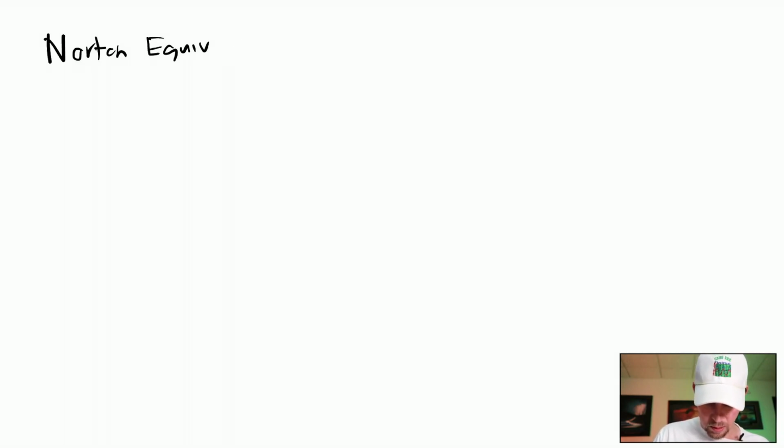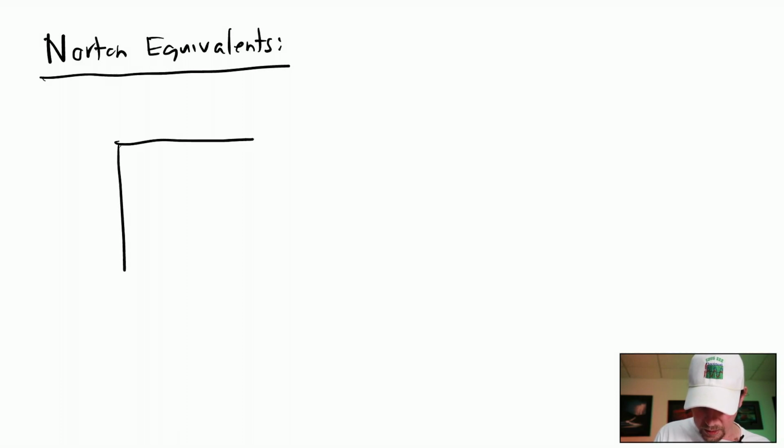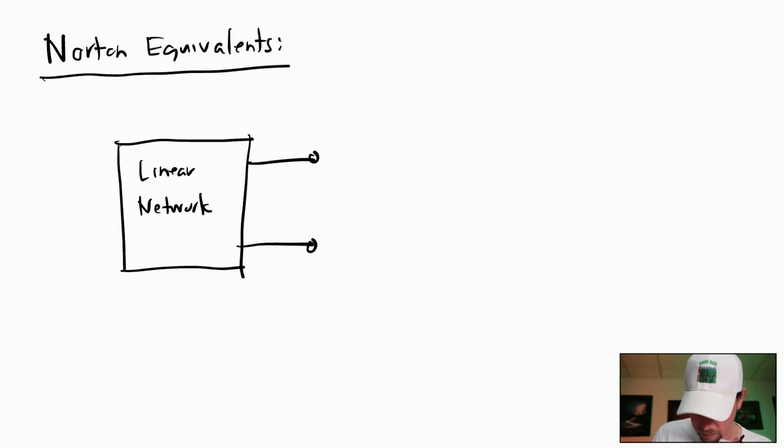The beginning point was, again, diagrammatically, we had some sort of linear network, and we had some external terminals A and B. For a Norton equivalent, what we do is we replace this entire linear network, whatever happens to be inside of here.